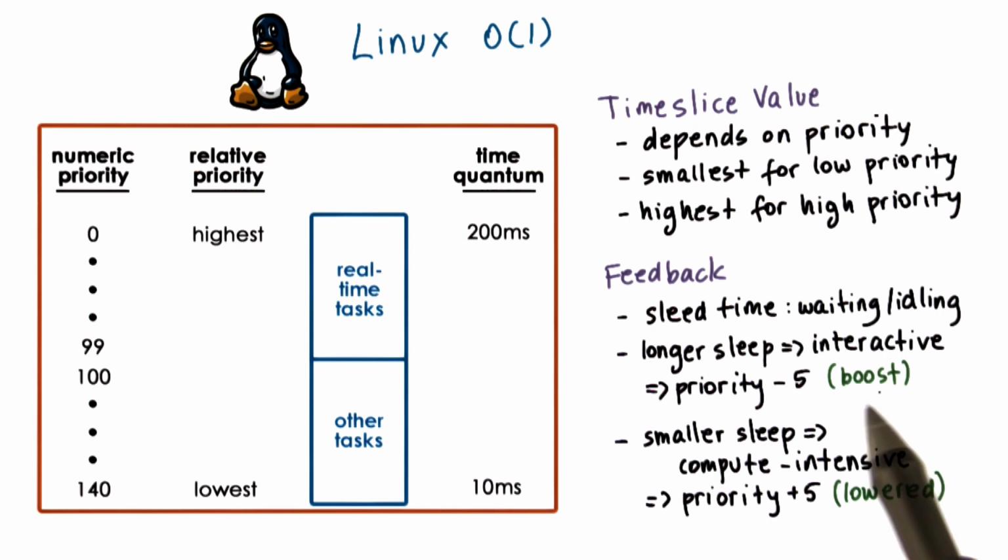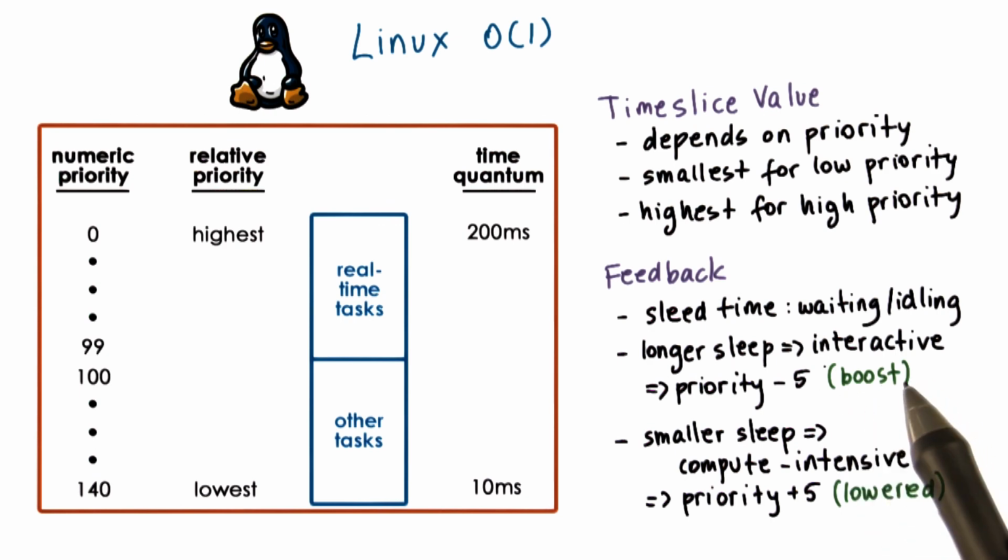In this way, we're essentially boosting the priority, so next time around, this interactive task will execute with higher priority. Smaller sleep times are indicative of the fact that the task is compute-intensive. Therefore, we want to lower its priority, and we do that by adding the number 5 to it, up to a maximum. Essentially, the task next time around will execute in a lower priority class.